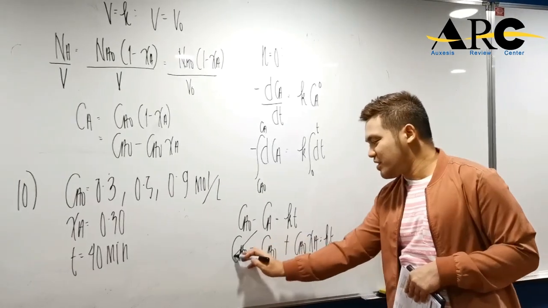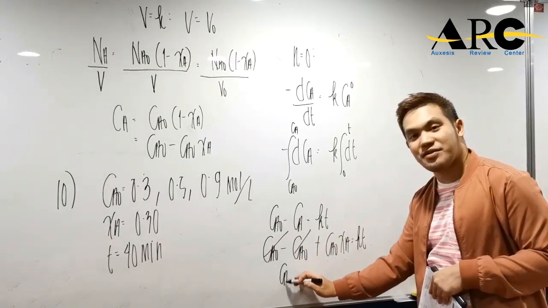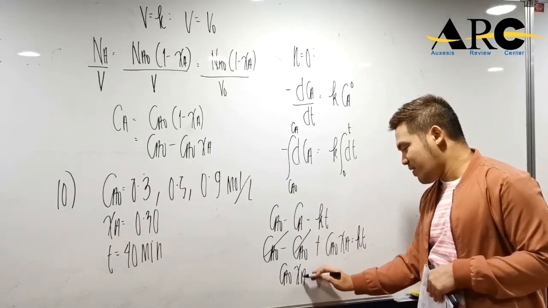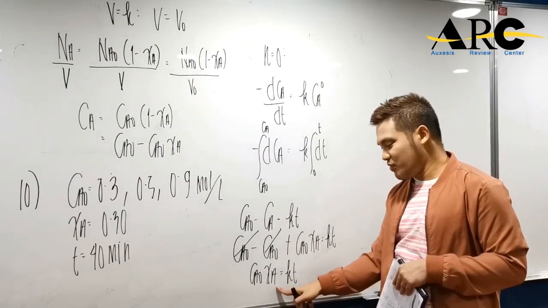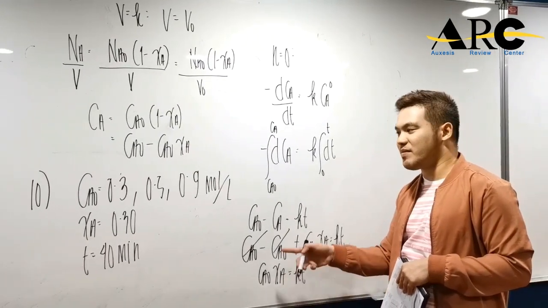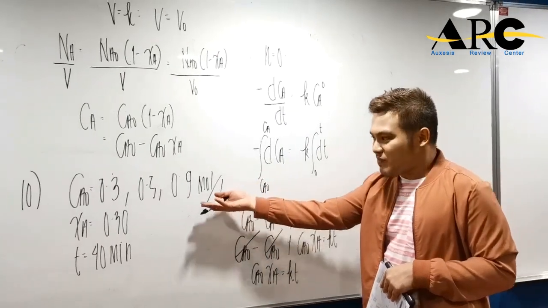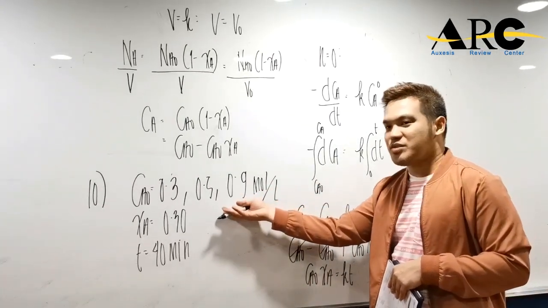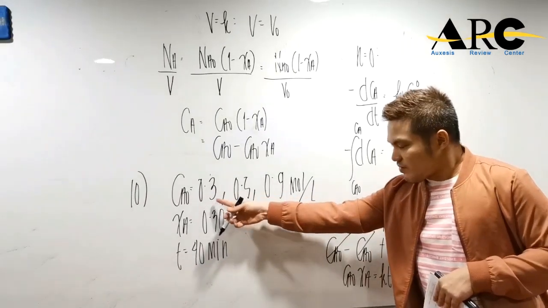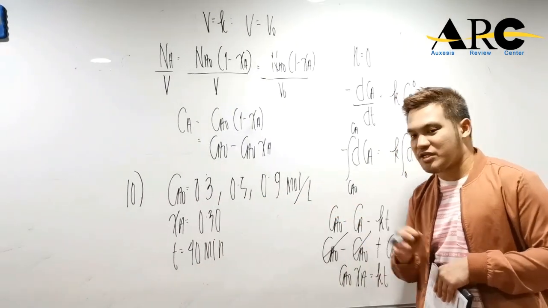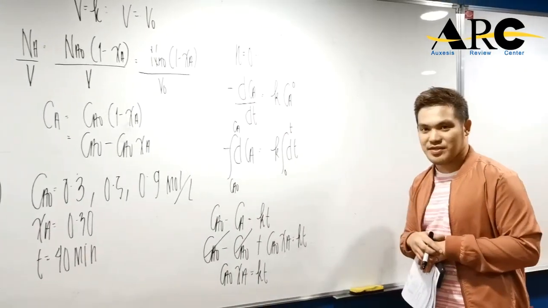Mapapansin nyo dito sa equation for zero order, once na nagbago yung initial concentration, magbabago din yung conversion. Ibig sabihin, kapag dito sa number 10, hindi natin siya pwedeng sabihin na zero order. Kasi kahit anong initial concentration, pare-parehas yung conversion natin.